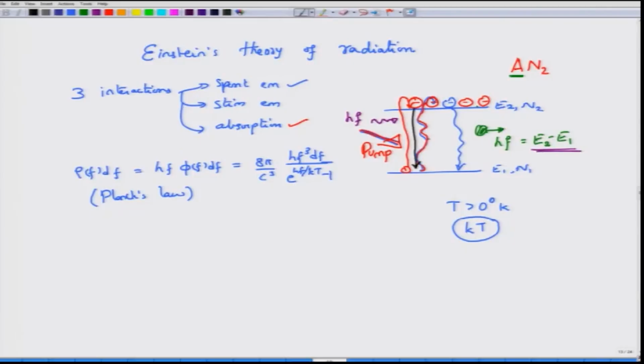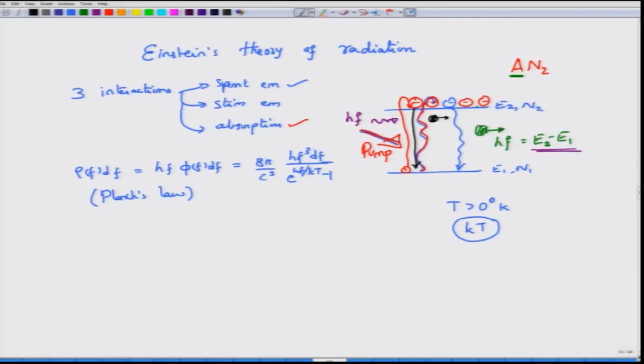Once it drops down, it of course emits another photon of the same energy hf. The incident photon is not actually absorbed, it is just used to trigger the excited atoms in the energy level E2 to drop down to E1, thereby releasing a photon.